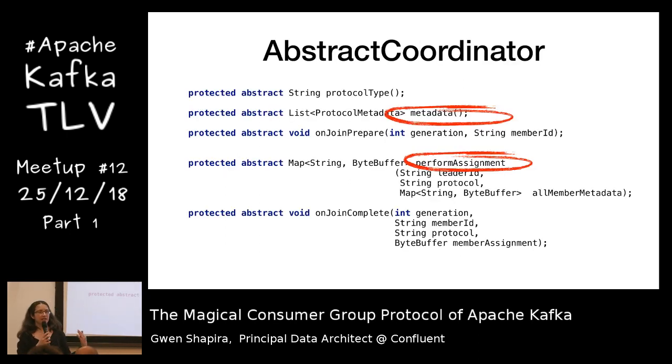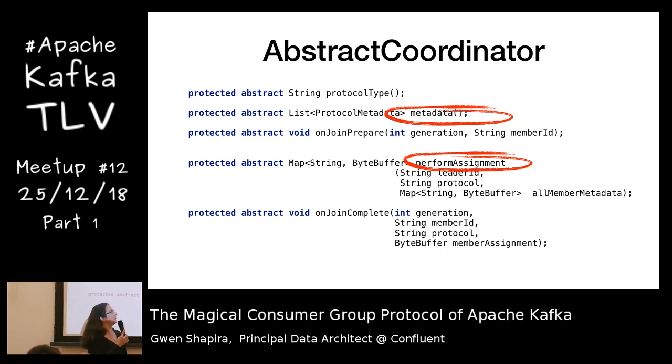Okay, all of this is basically implementation of an interface called the abstract coordinator. If you look at the Apache Kafka source base, this is what the abstract coordinator looks like. And if you want to override the protocol and implement your own resource assignment protocol, this is basically what you override.